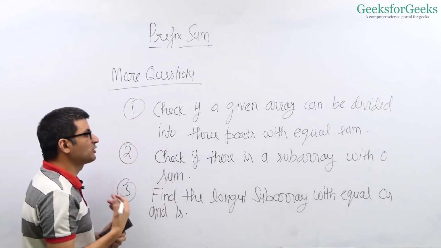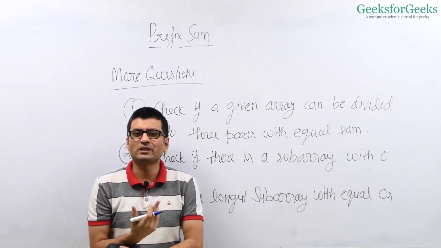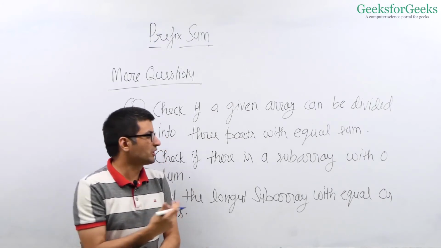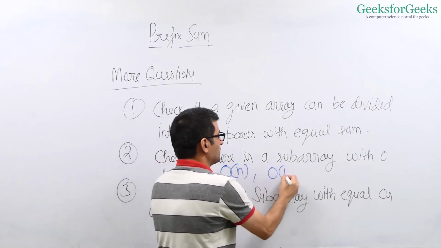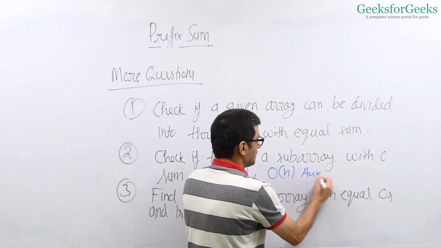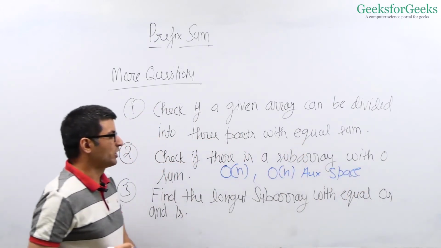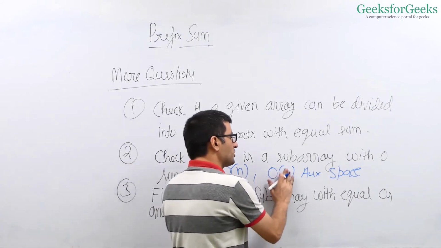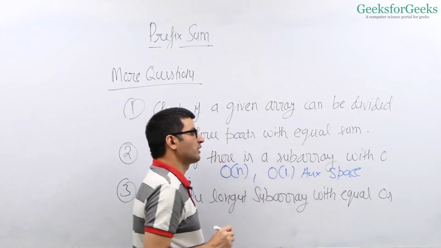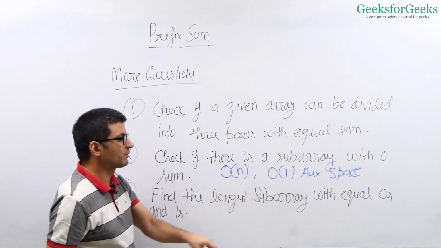If I ask you this problem this way, that array has both positive and negative numbers, then this problem has a solution which is big O of n time and big O of n extra space. And if I tell you that the elements are only positive, there are no negative elements, then this problem has a solution which is big O of n time and big O of one auxiliary space. Right, we'll talk about that particular problem in a different programming technique.